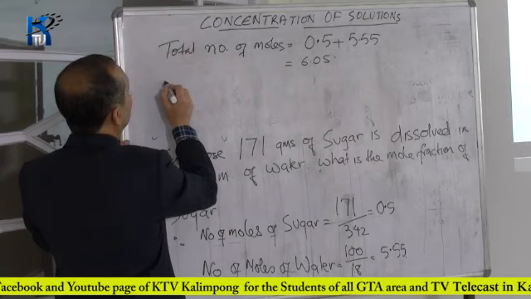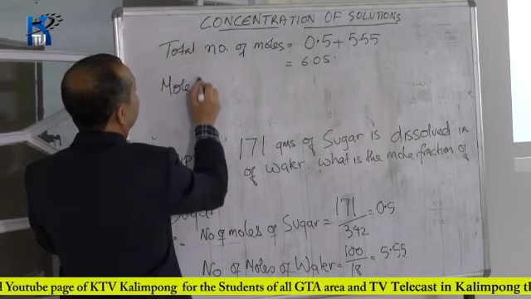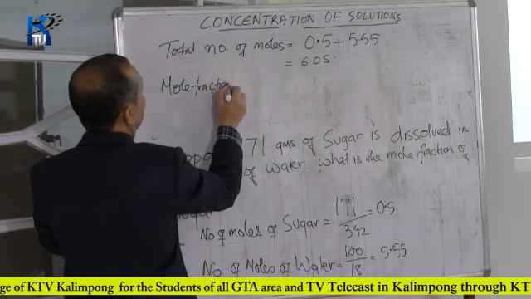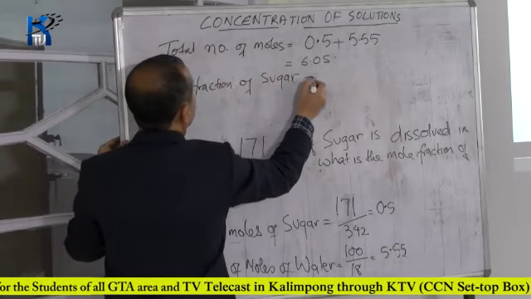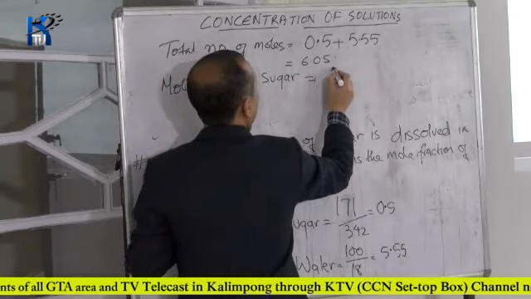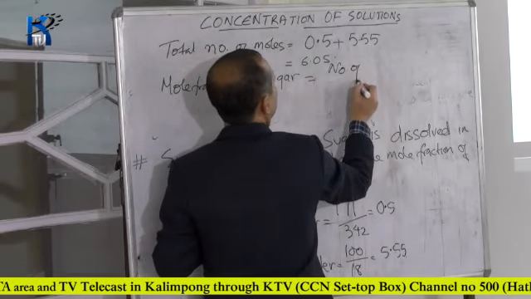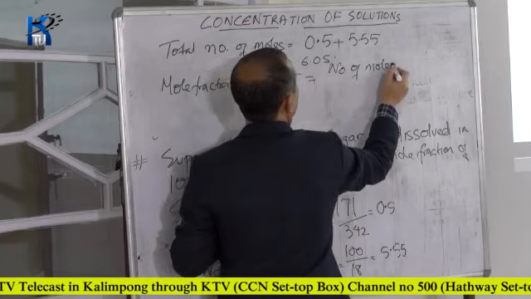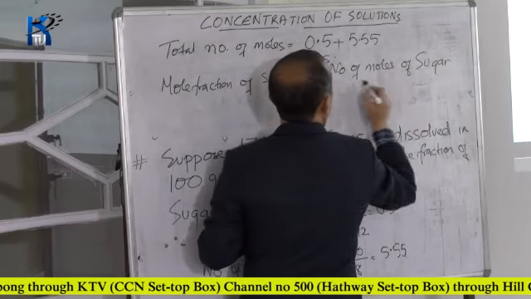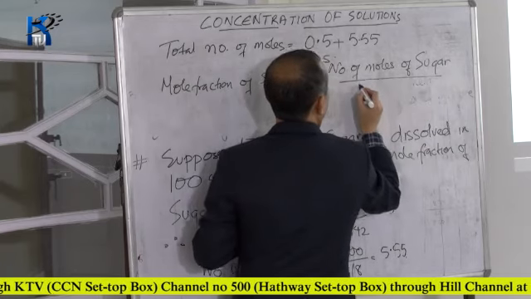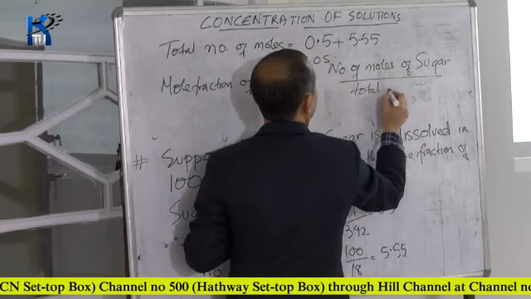So mole fraction of sugar is equal to number of moles of sugar divided by total number of moles.